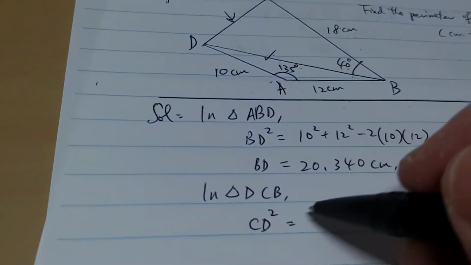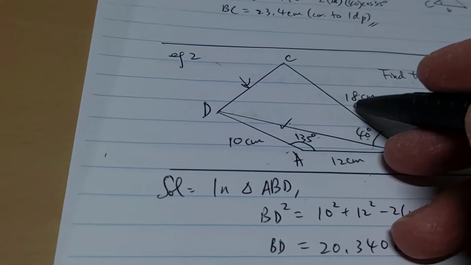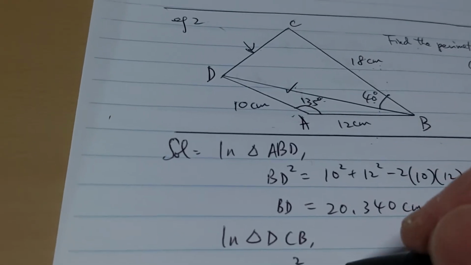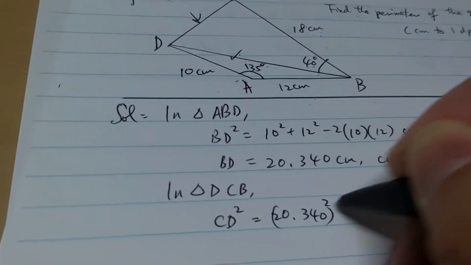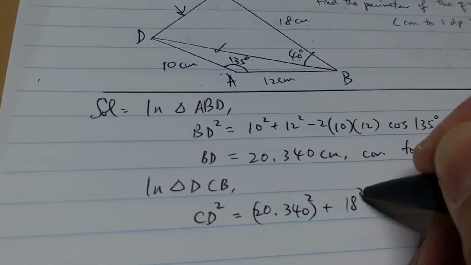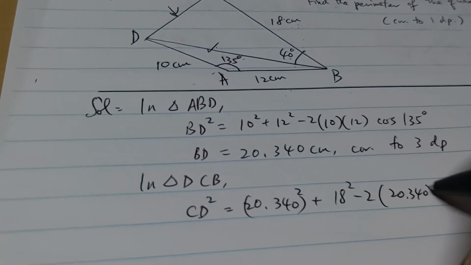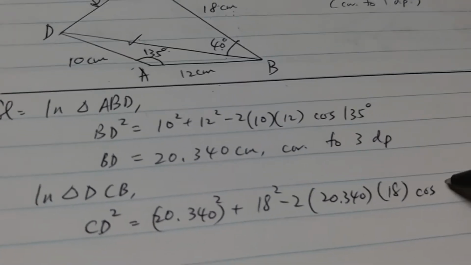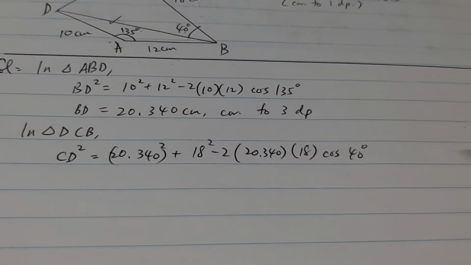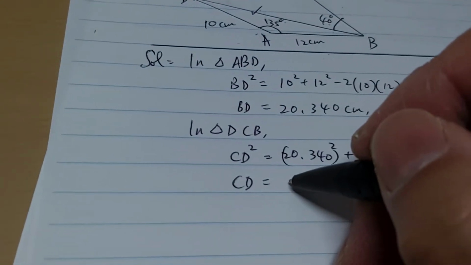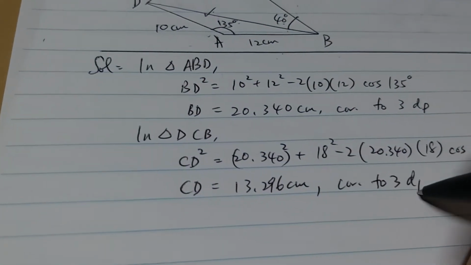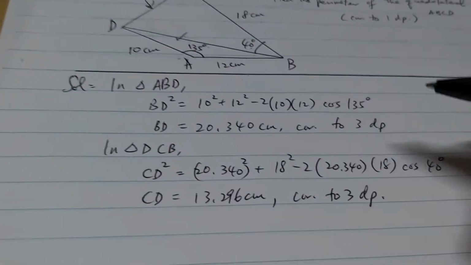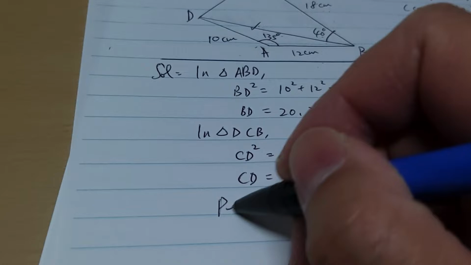Remember the right hand side is squared. CD squared is just this side squared, copied from here: 20.340 squared plus 18 squared minus 2, the first line, the second line, cosine of the included angle. So we can get CD as 13.296 cm, correct to 3 dp. Again, take more decimal places.